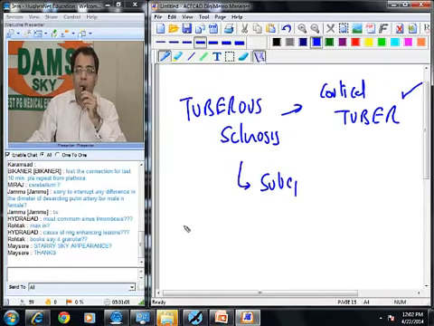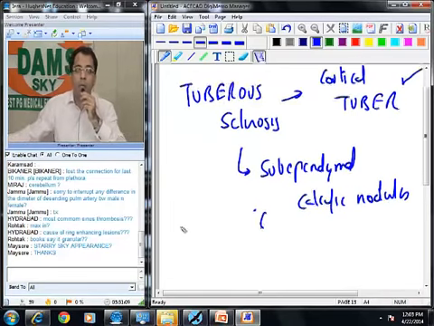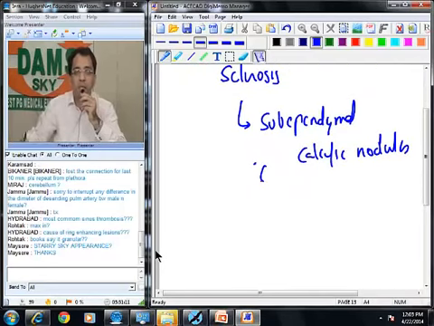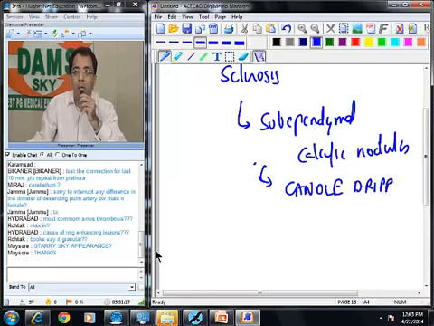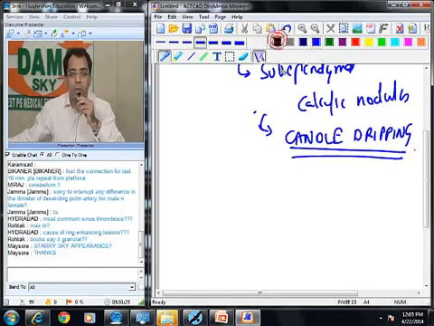You will see subependymal calcific nodules, below the ependyma, below the surface of the ventricle, which are called candle dripping. Very important question. Candle dripping in the brain, tuberous sclerosis.